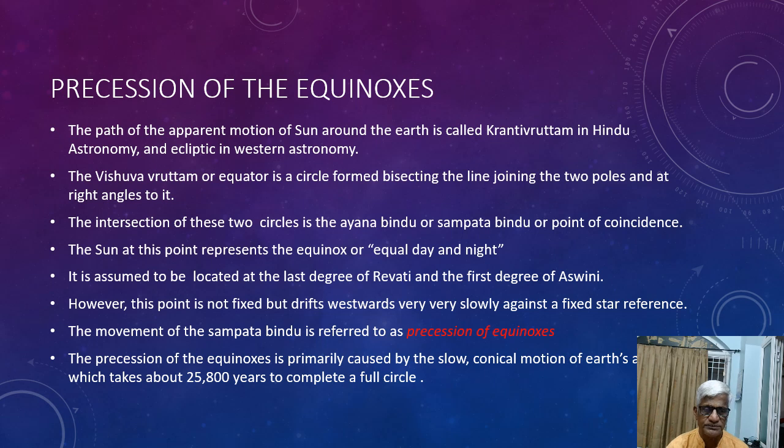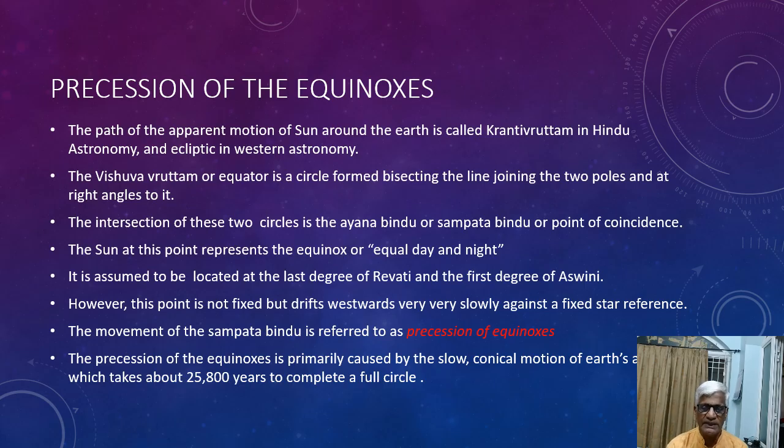Imaginary circle. The intersection of these two circles, there will be two places where they will intersect. If you look at it in the three-dimensional way, there is one circle around the earth and one circle 24 degrees inclined to it in the heavens, in the celestial sphere. These will intersect at 2 points.